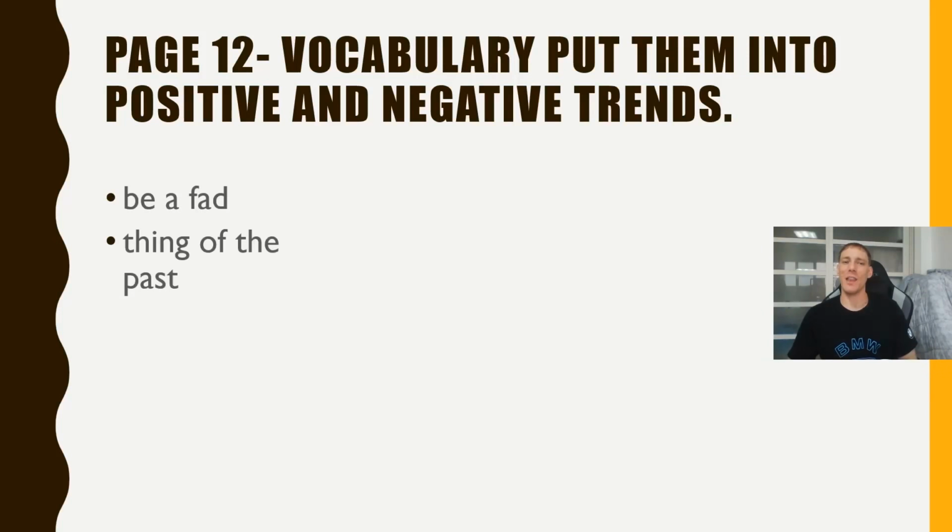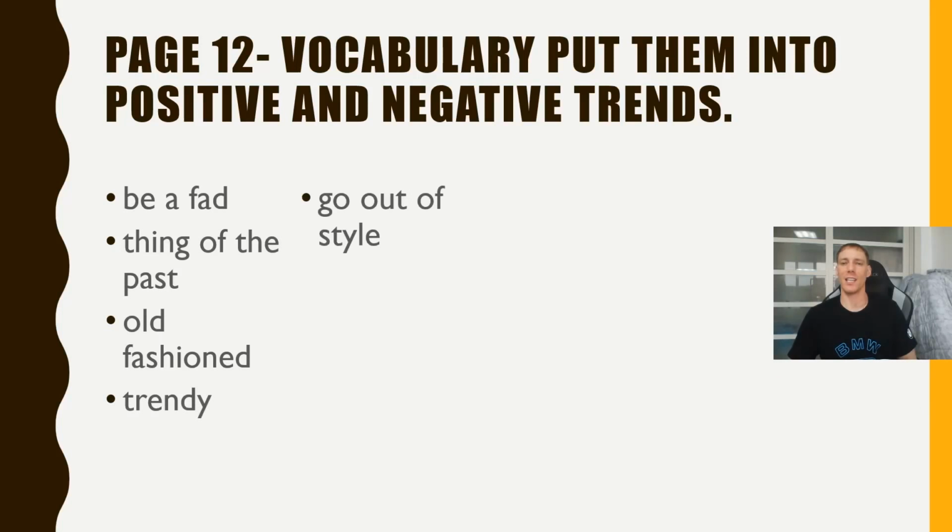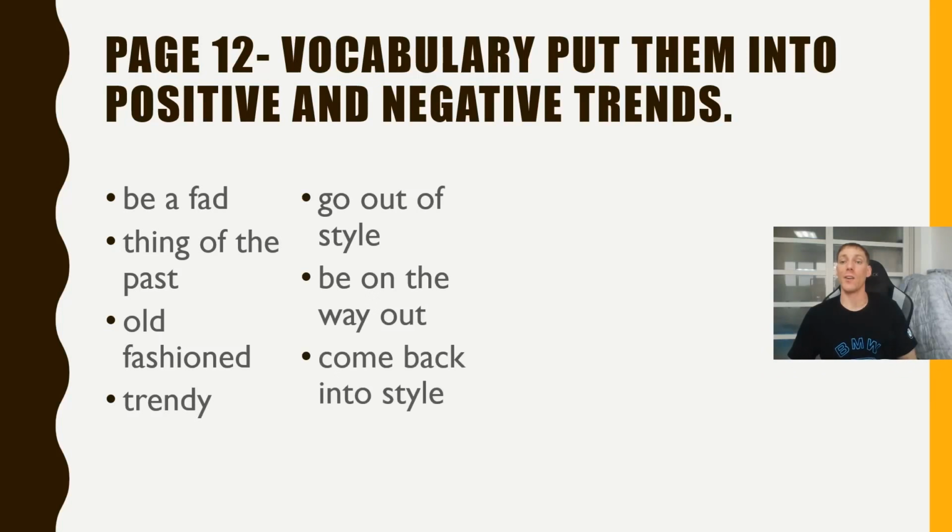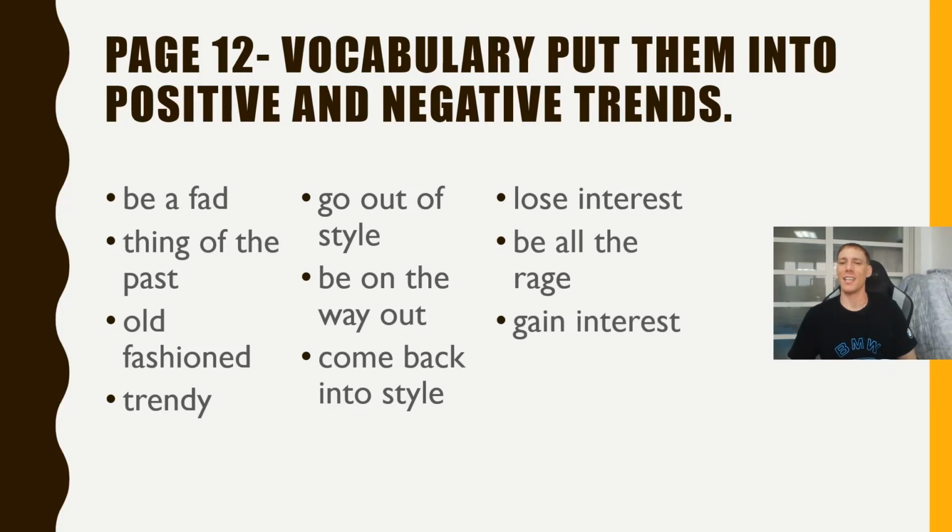Number 2, thing of the past, old-fashioned, trendy, go out of style, be on the way out, come back into style, lose interest, be all the rage, gain interest, lose popularity.